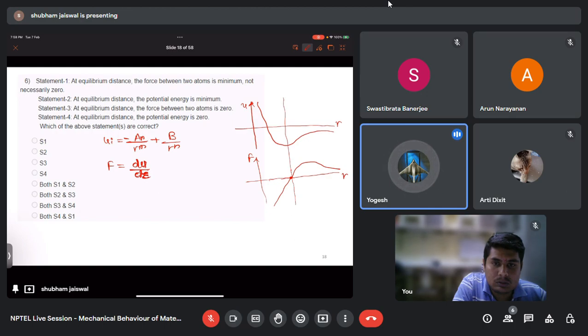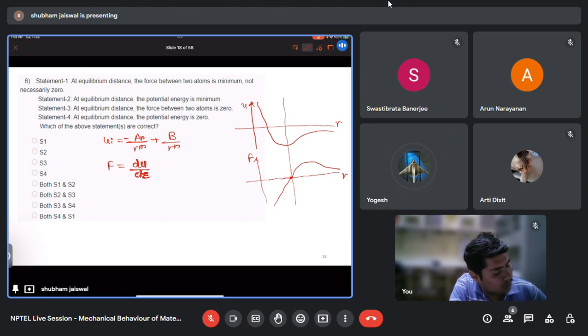R is equal to R0. So what they are asking is that at equilibrium distance, the force between the two atoms is minimum, not necessarily zero. If we consider the slope of the force curve, df by dr is equal to ∂²u by ∂r².